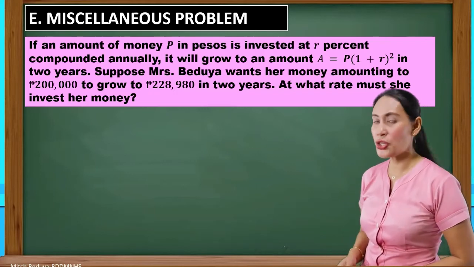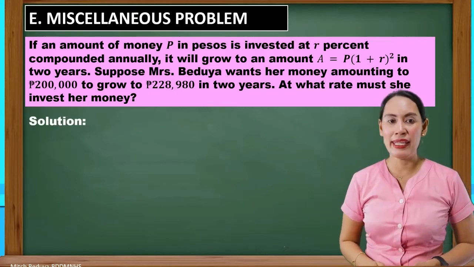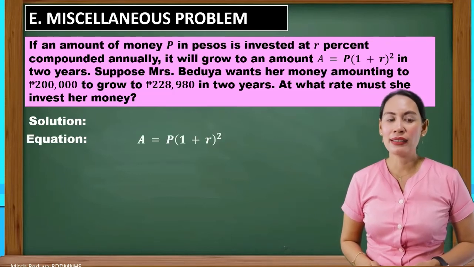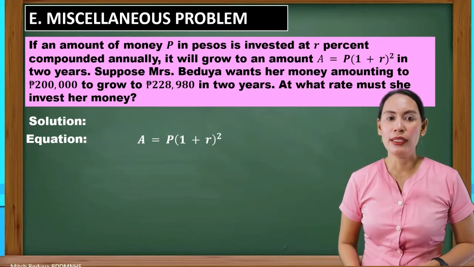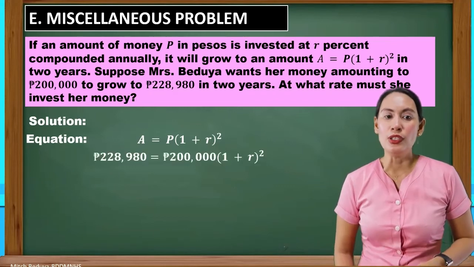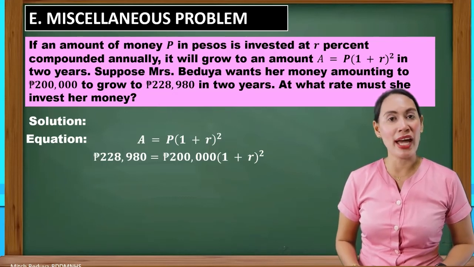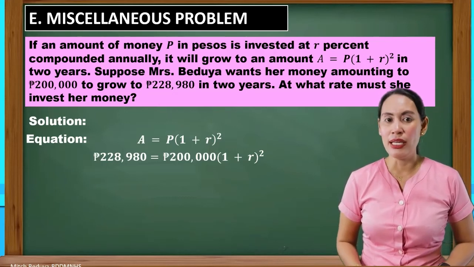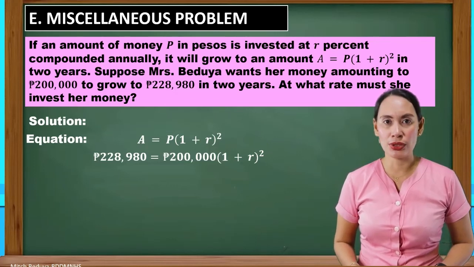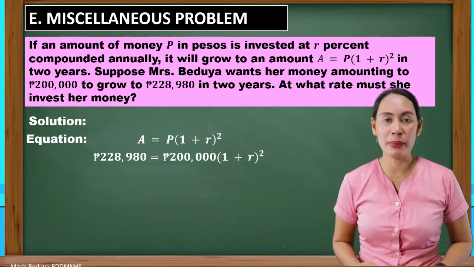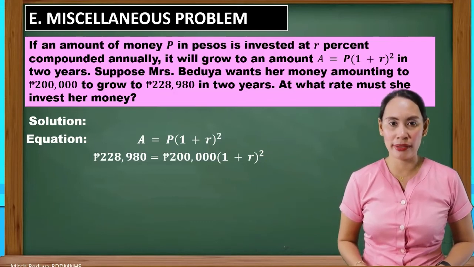Okay, here's the solution. The equation to solve this problem is A equals P times the quantity 1 plus R squared. Then substitute. So A is equal to 228,980 pesos equals 200,000 pesos, that is the principal amount, times the quantity 1 plus R squared.